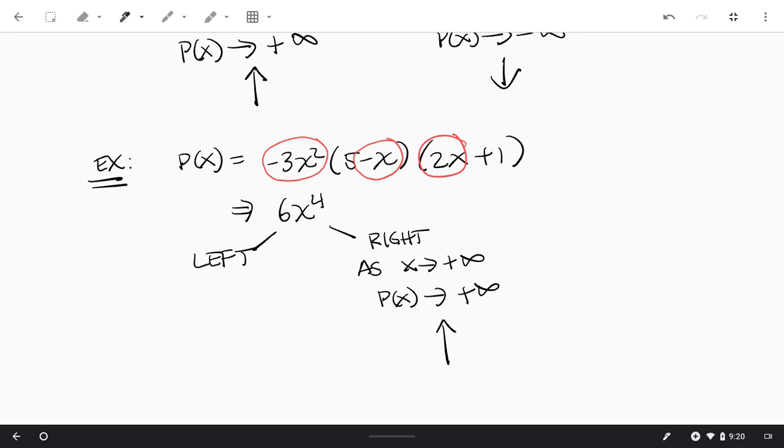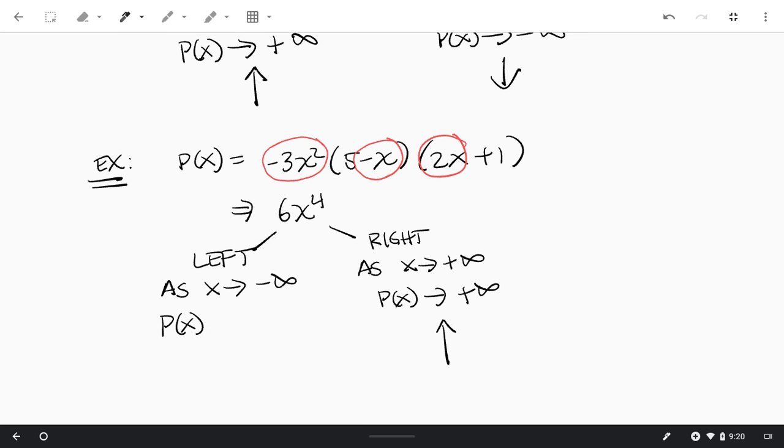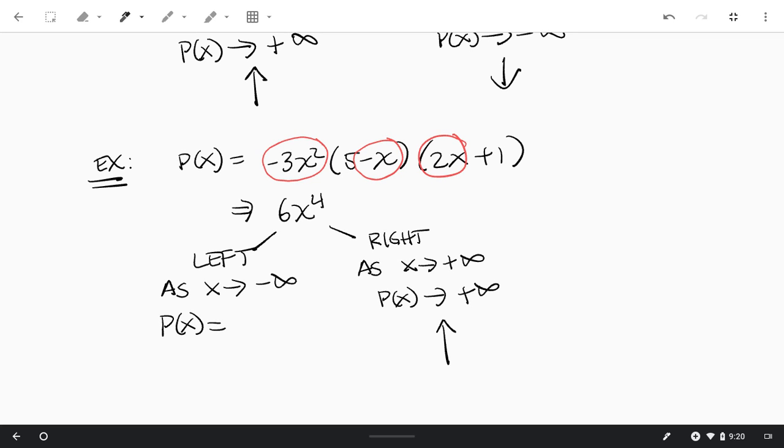That's as x goes towards negative infinity. Let's plug in a very negative number. A very negative number to the 4th power is going to become positive. And positive times 6 is going to be positive.